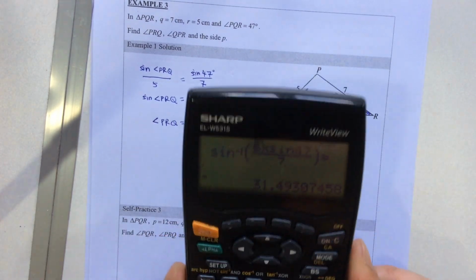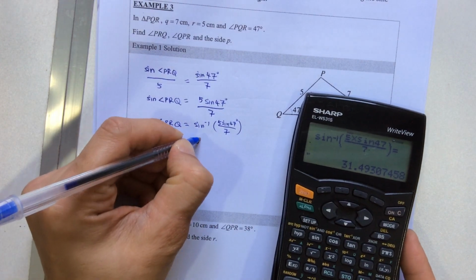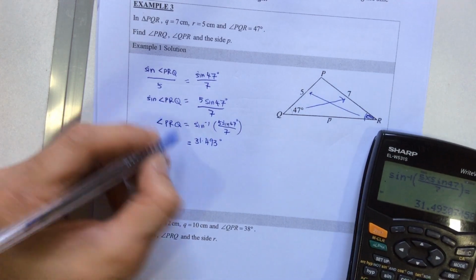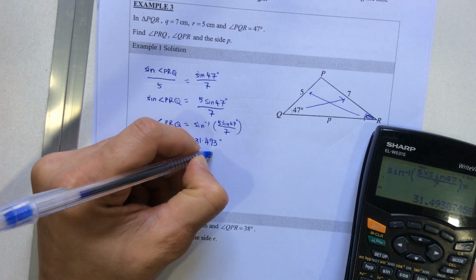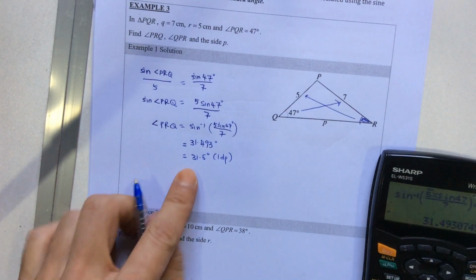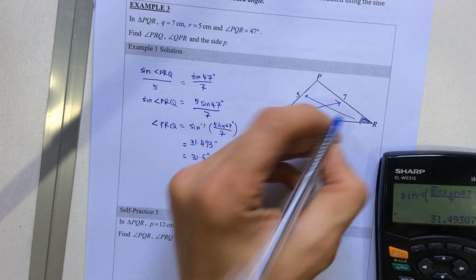So I have 31.493 degrees. For angles, our final answer will be in 1 dp, so 31.5 degrees to 1 dp. But when we label the answer here it will be 31.493.